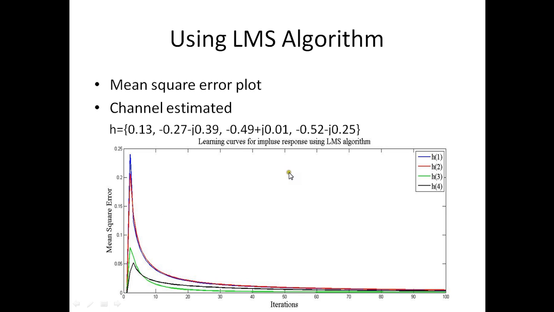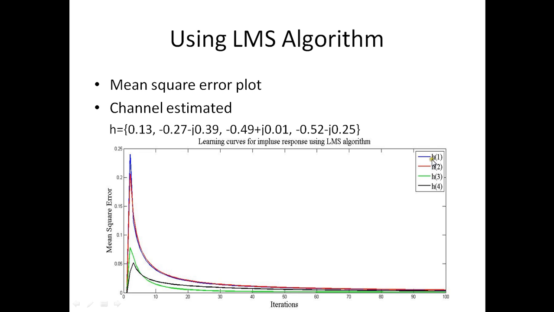Using the LMS algorithm, we get the following plot for the mean square error versus the number of iterations. We see that as the number of iterations increases, the mean square error decreases for every impulse response component.